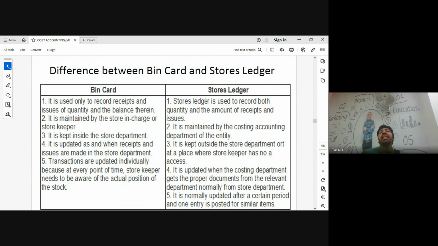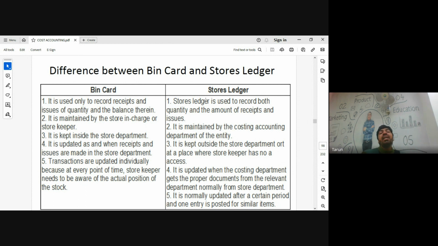The bin card is maintained by the store in charge or storekeeper, but the store ledger is always maintained by the costing accounting department of the entity or organization. The bin card is always kept inside the store department, but the store ledger is always kept outside the store department, in a place where the storekeeper has no access.